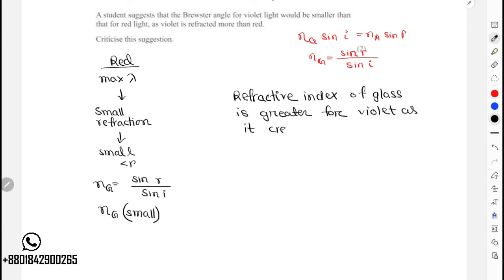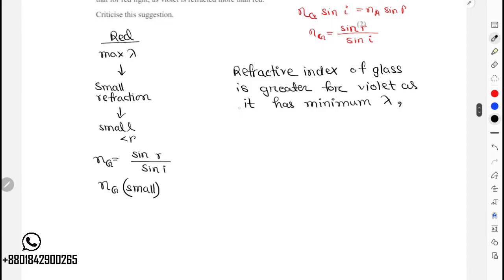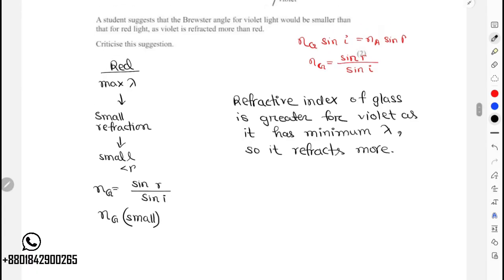as it has minimum wavelength, lambda, which creates a larger angle, so it refracts more, creating a larger angle, or just refracts more is enough, to be honest, right?